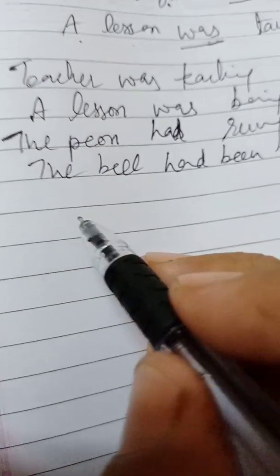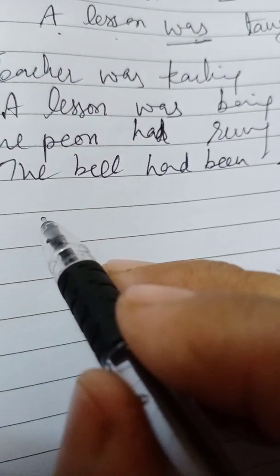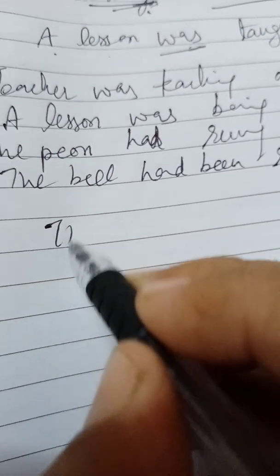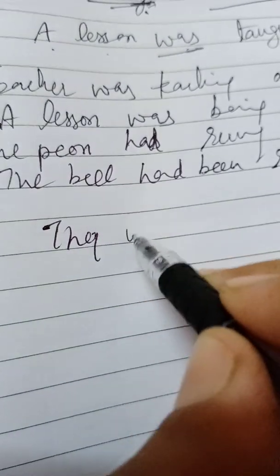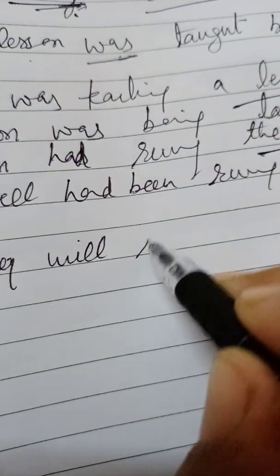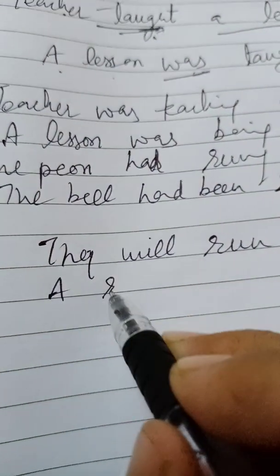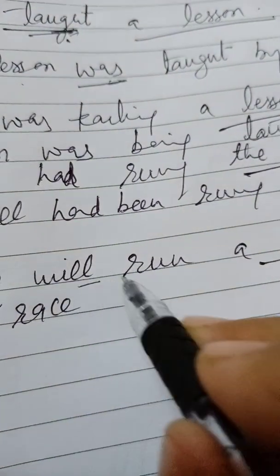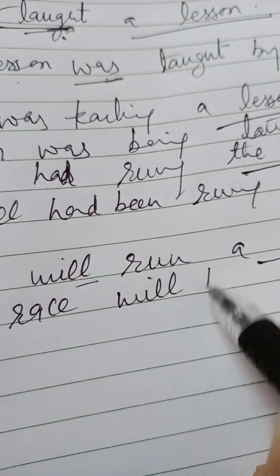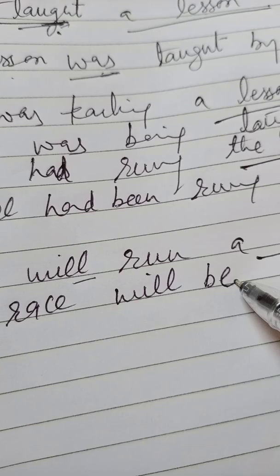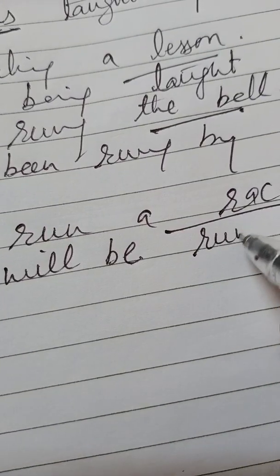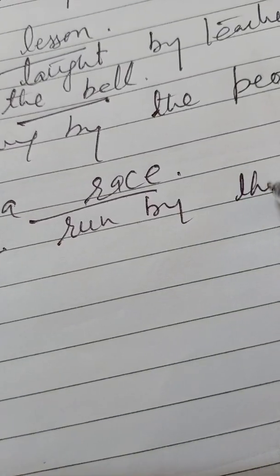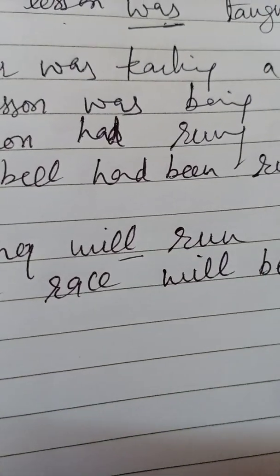Now come to future indefinite, like, they will run a race. So a race, we just add be. A race will be run by them. Okay, so dear students, these are the simple sentences.